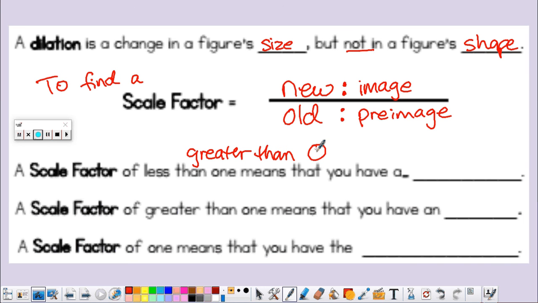Less than 1 and greater than 0, what does that tell you? Can't be negative. It's a fraction or a decimal. Very good. So if we have a fraction or a decimal, then what do you think, an enlargement or a reduction? Reduction. We're reducing it by 1/2, 1/4, 1/6, 3/5, something like that. So that means we're going to have a reduction.